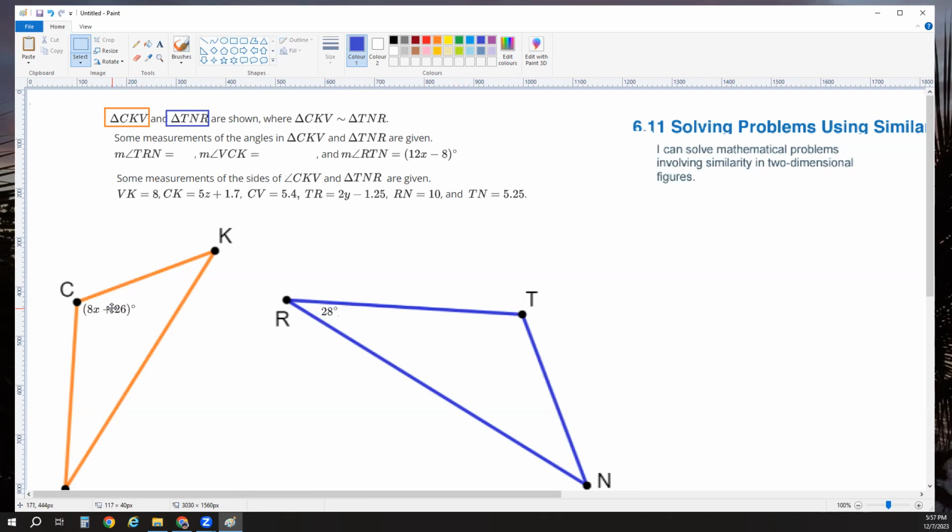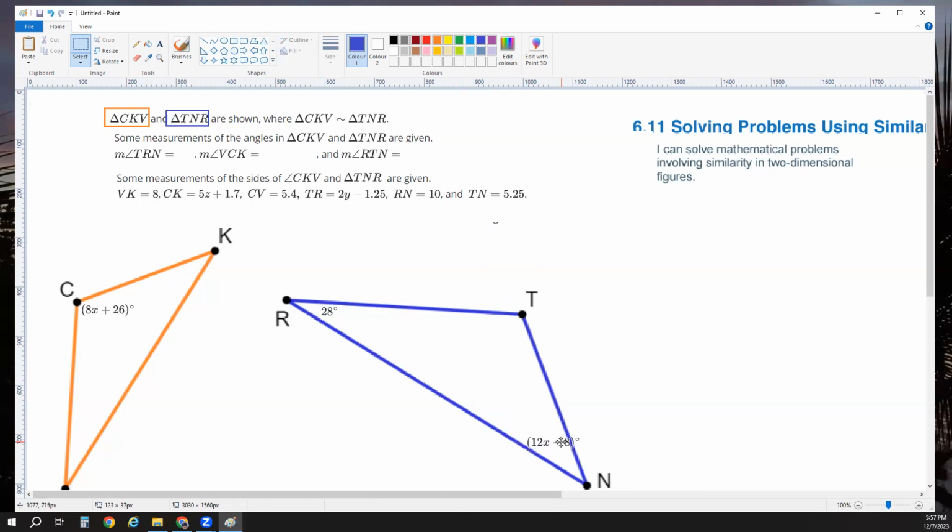These are angles, remember, not line segments. Don't confuse the two. Okay, and then we have angle N over here.